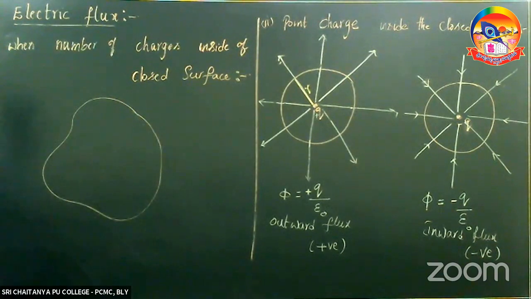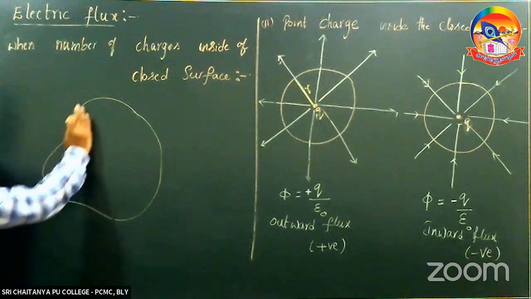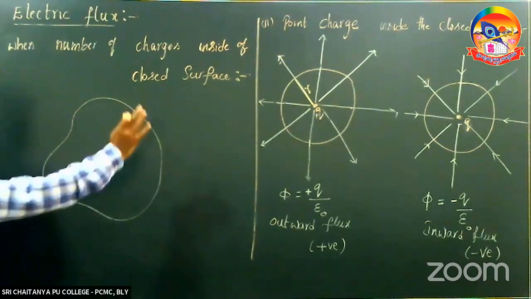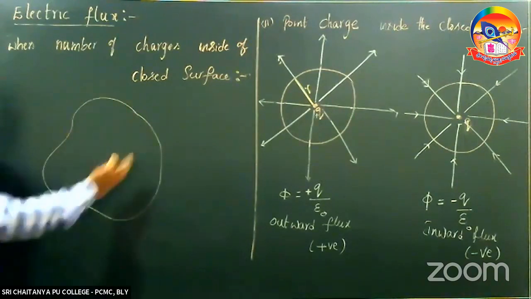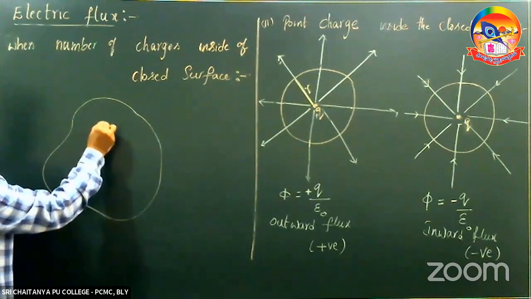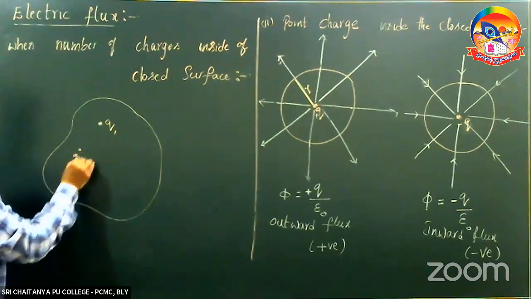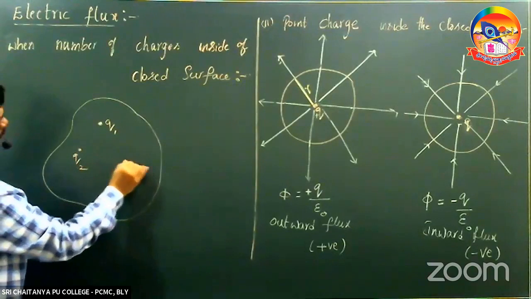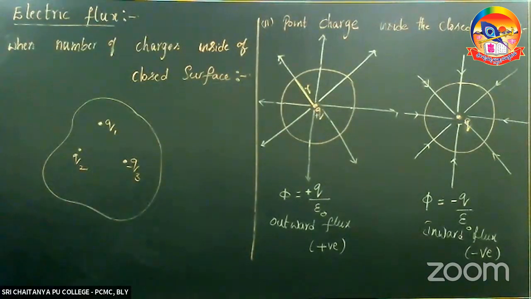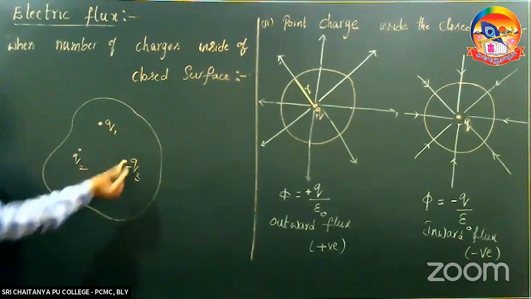A closed surface. Now if you observe, I took the closed surface which is not symmetrical, and in the sense not like a sphere, not like a cube, any closed surface of any shape. Look here, I am taking three charges which are inside Q1, Q2, Q3.